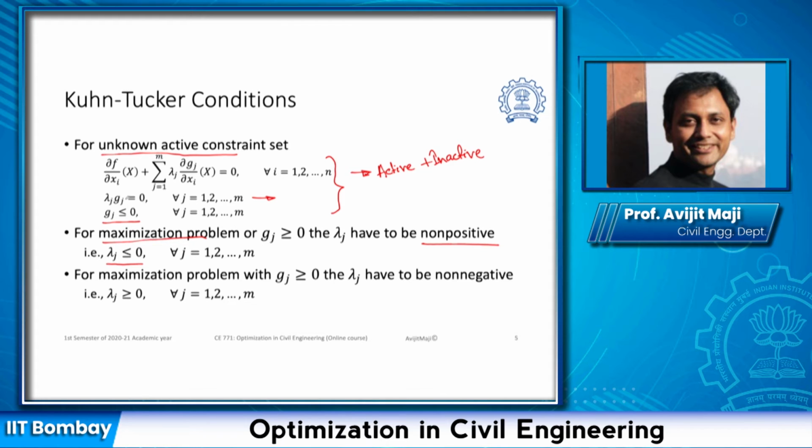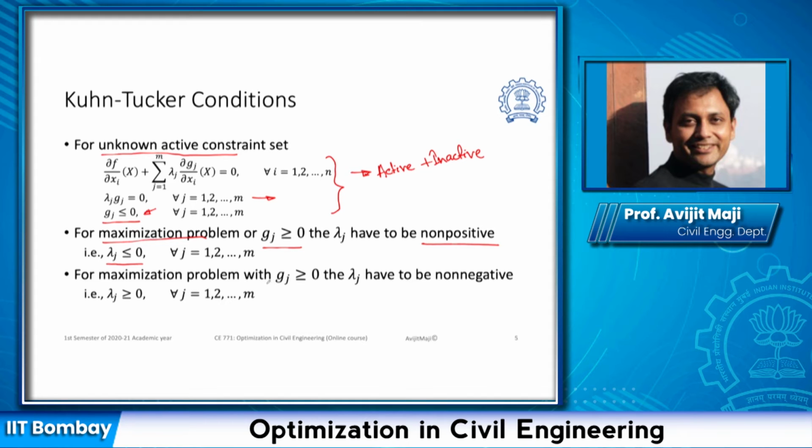In case my constraint, which was less than or equal to 0 in nature, changes to greater than or equal to 0 for the minimization problem, the same rule applies, meaning my lambda values are going to be less than or equal to 0, or non-positive.